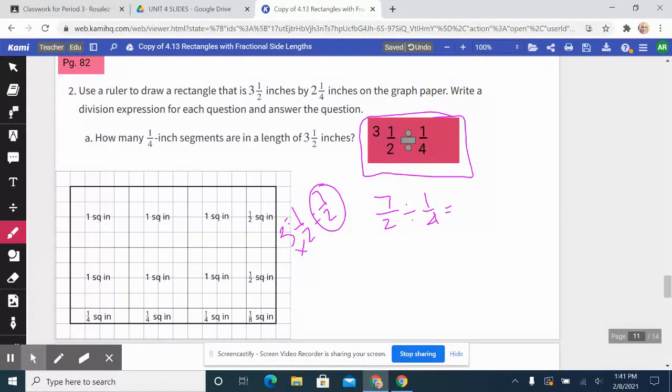We need to keep, change, flip. So I got 7/2 times 4/1. 7 times 4 is 28. 2 times 1 is 2. If the top number is bigger than the bottom, we divide. 2 goes into 28 evenly 14 times. So that is what you will write for letter A on number 2.